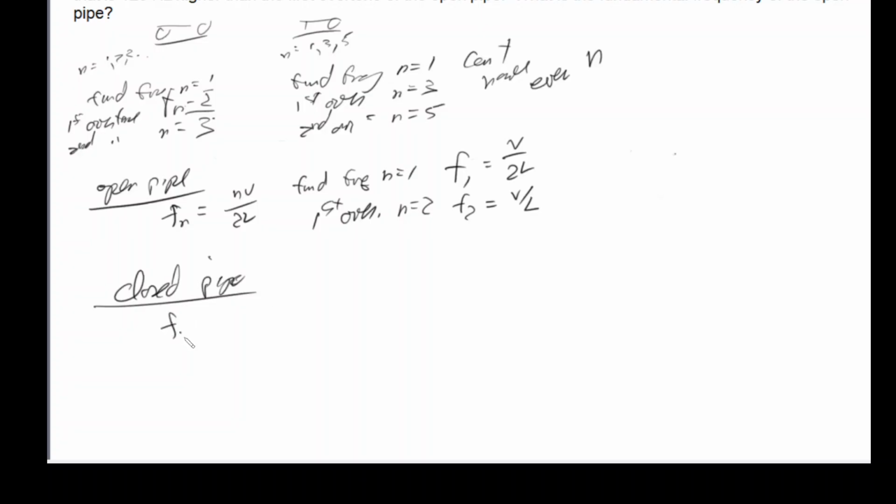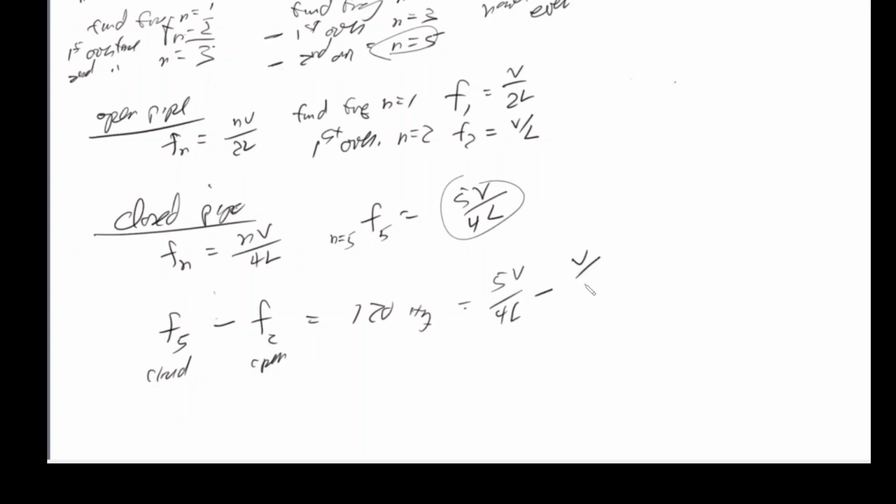So our frequencies are given by n times v over 4L. So the second overtone is actually where n equals 5, is given by 5v over 4L. Okay, so this is the first overtone, and this is the second overtone. N is equal to 5.